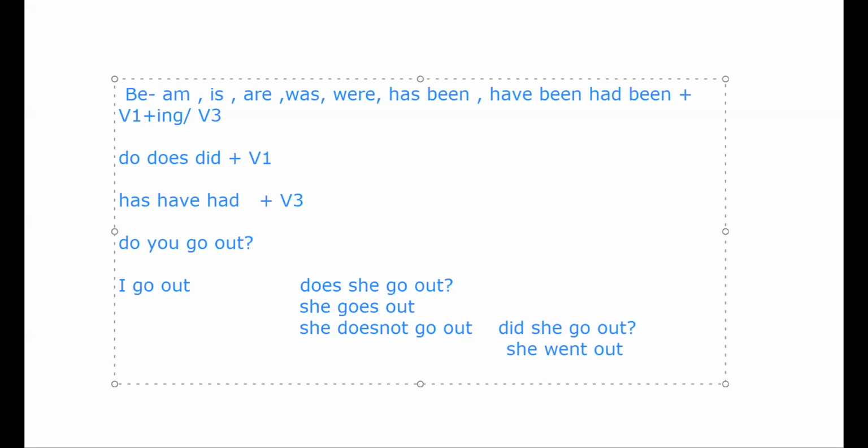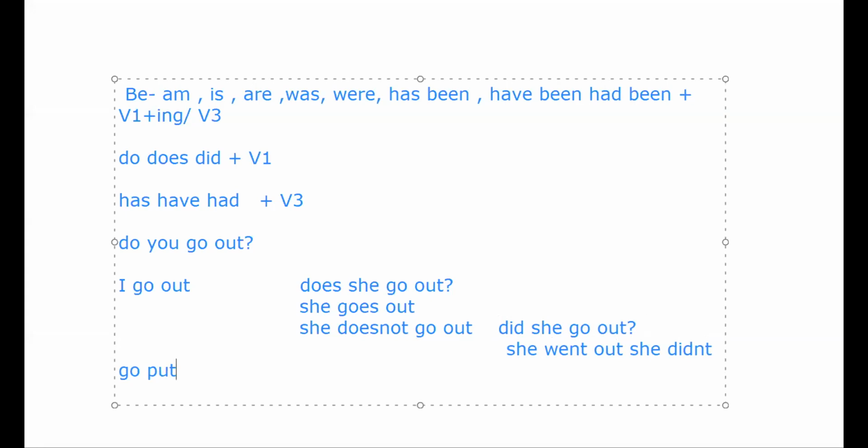Okay, and she did not go out. Okay, guys. So I repeat, the point I'm trying to say is after be forms, main verbs are V1 plus ing form or V3. After do, does, did, you have to use V1, always V1. Has, have, had, after that V3 form.